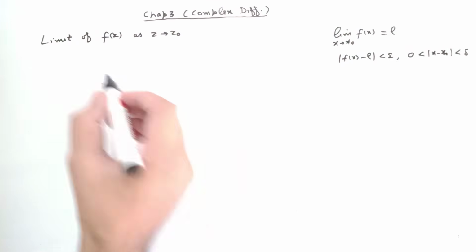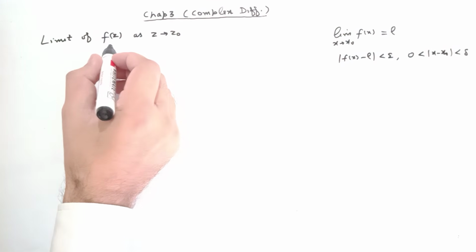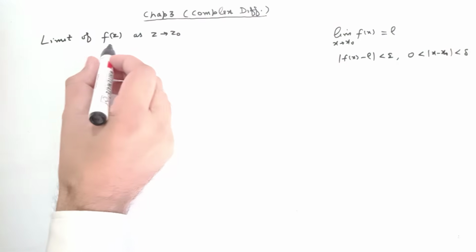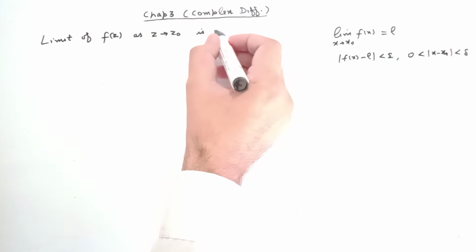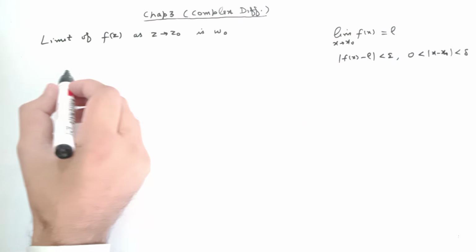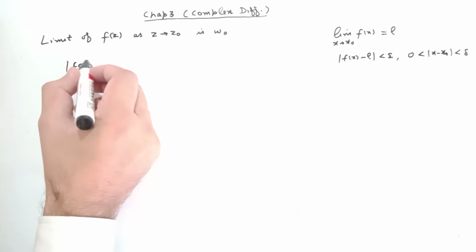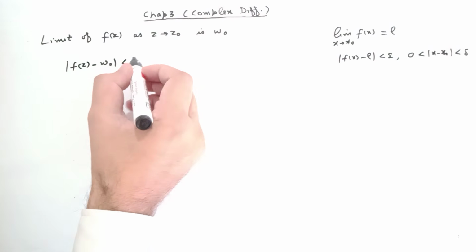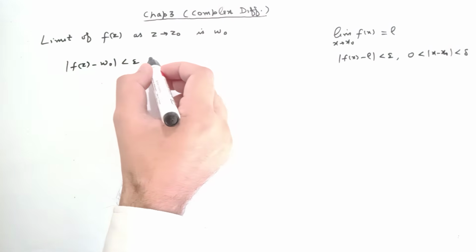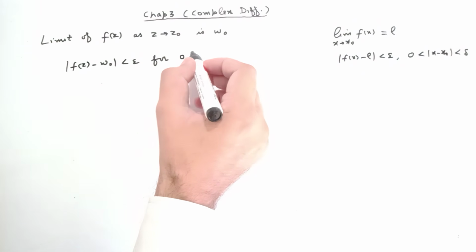Okay, so here the definition is similar. Mathematically it looks the same. Limit of a function f(z) as z tends to z0 is a complex number w0 if for any given epsilon positive, mod f(z) minus w0 is less than epsilon for z in the deleted neighborhood of z0.